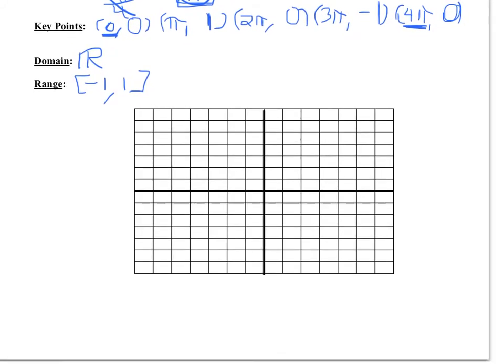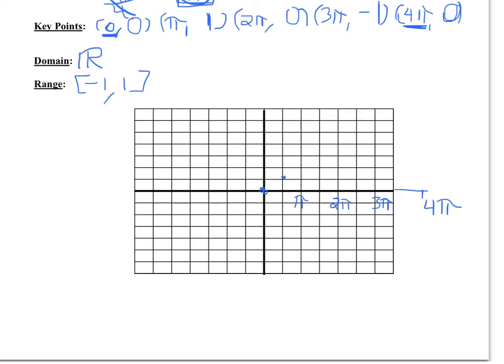Now I'm going to label the x-axis. Let's say I'm going to go every pi. This is pi. This is 2 pi. This is 3 pi. And I'll put 4 pi on the outside, just to evenly space everything. So I have 0 at 0.